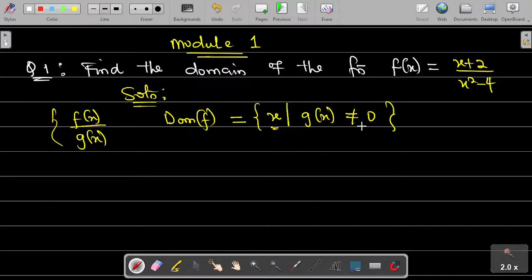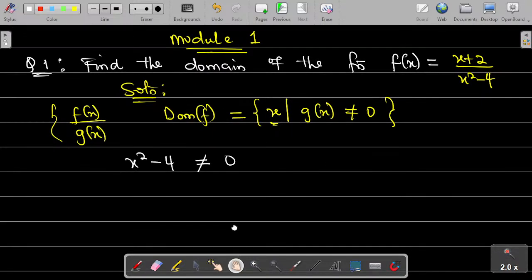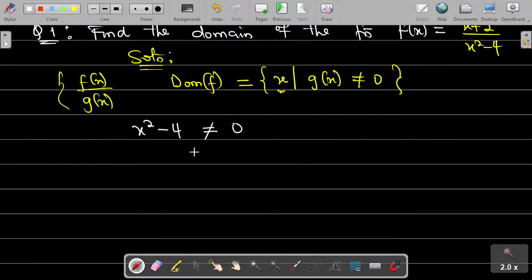So once you are given a fraction, just pick the denominator. In solving this, I'm going to pick x squared minus 4, and I will state that it must not be equal to 0, and then I will solve that particular inequation, and whatever I get will be my solution.